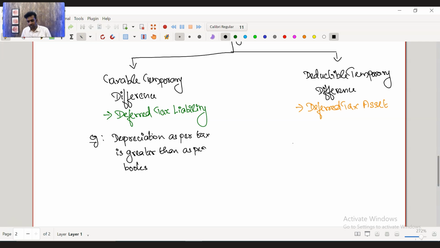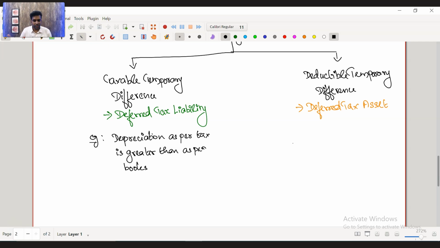So as per tax, if you are paying more depreciation, then depreciation expense is high. So as per tax, you don't have to pay tax on those depreciation expense. So your tax amount that you have to pay now will be less, which will lead to less tax you're paying now.